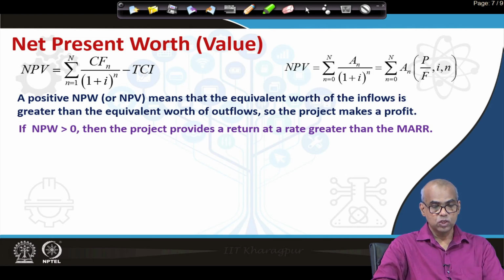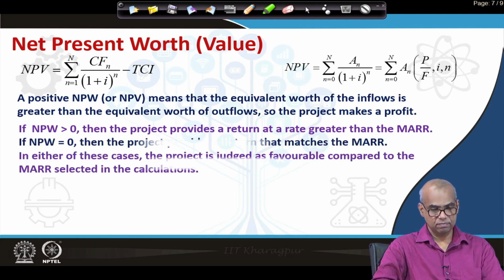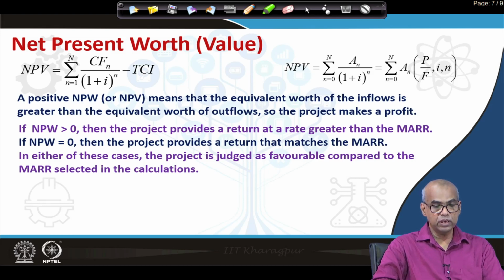So, if NPW is greater than 0, then the project provides a return at a rate greater than the minimum acceptable rate of return that you have selected. If NPW is equal to 0, then the project provides a return that matches the minimum acceptable rate of return.